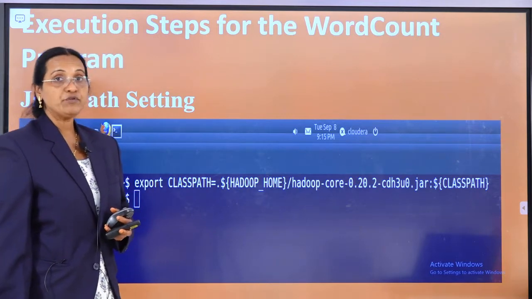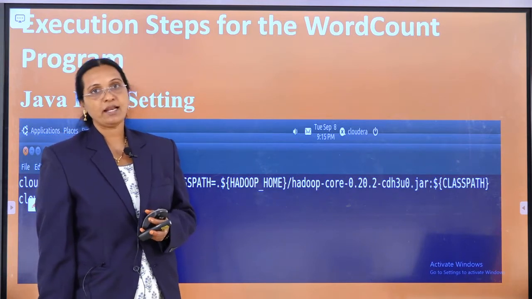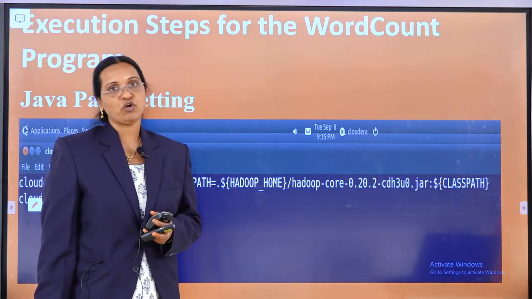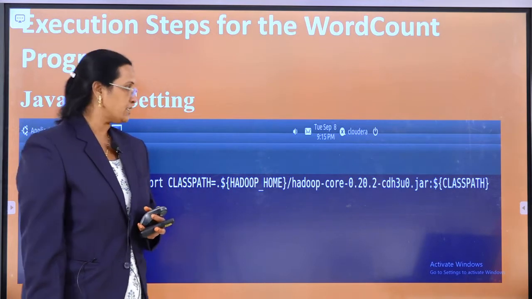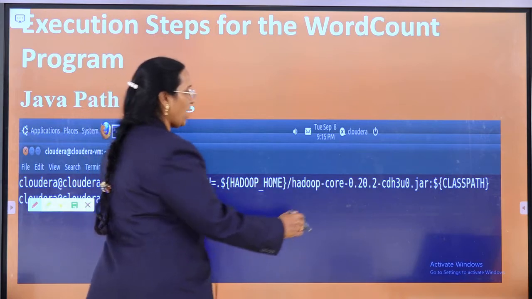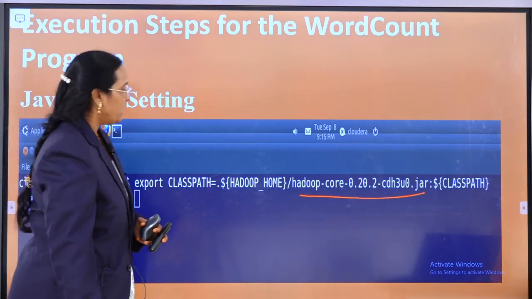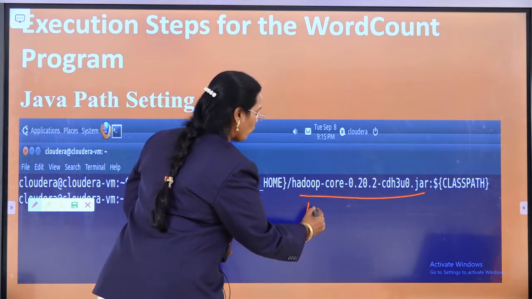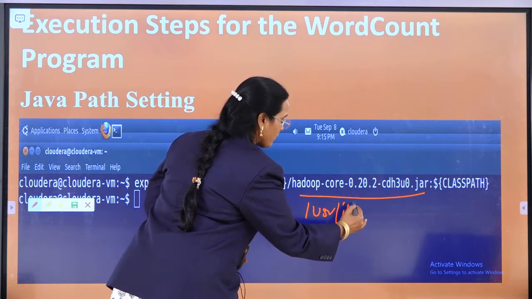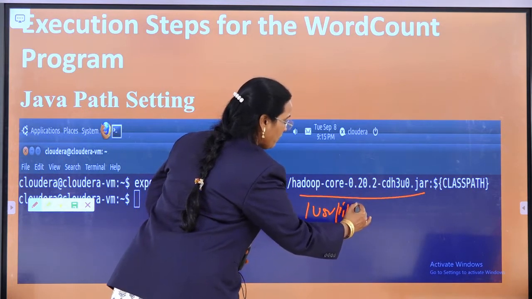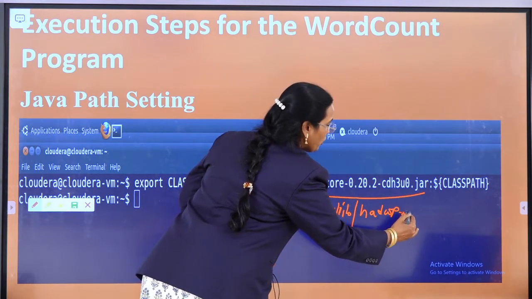Because we have used so many Hadoop packages for the mapper code, reducer code and driver code, and those packages are available in a jar file, and this jar file is available in the path /usr/lib/hadoop-0.20.